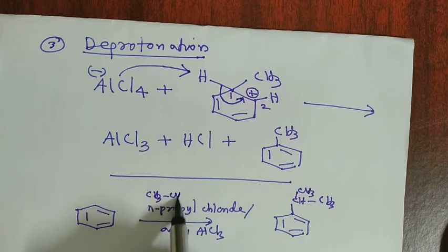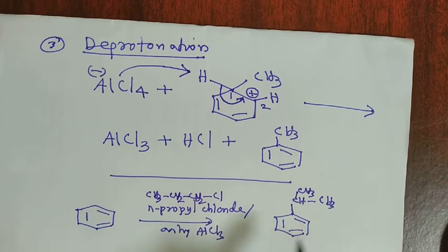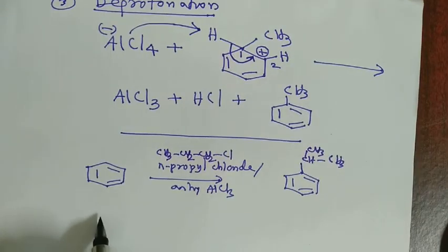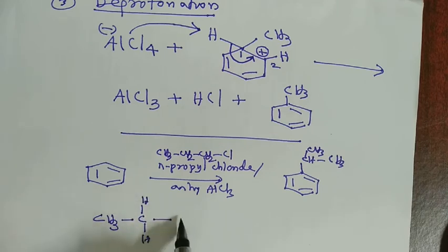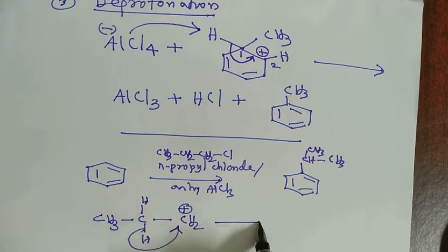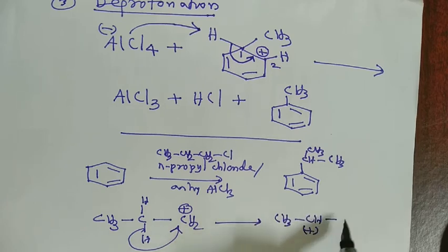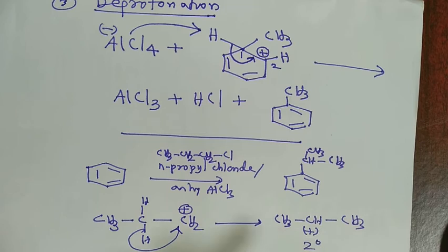Normal propyl chloride is 1-chloropropane. In this reaction, the initial carbocation, that is electrophile, generated from propyl chloride is a primary carbocation, and it is rearranged to secondary isopropyl carbocation through 1,2-hydride shift.